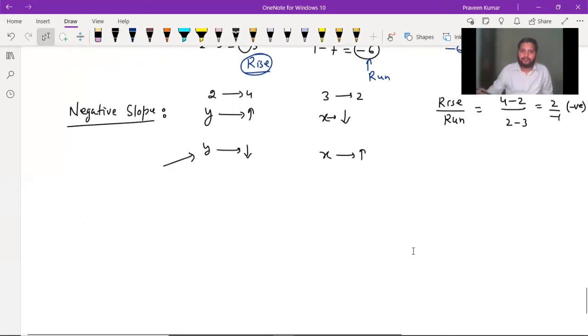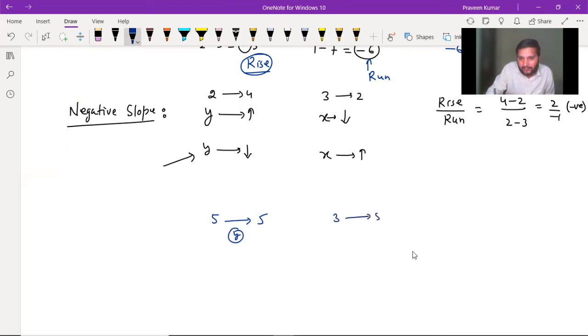So what happens if there is no rise? There is only run. Think. If y goes from same point to same point, it can be 5 to 5. No change in y. But x changes. This is change in y. And x changes from 3 to 5.